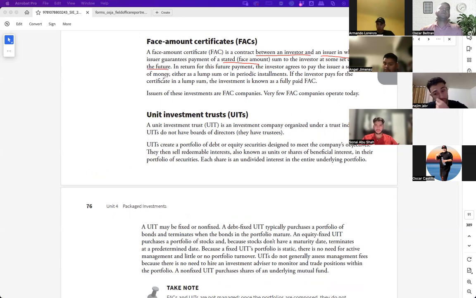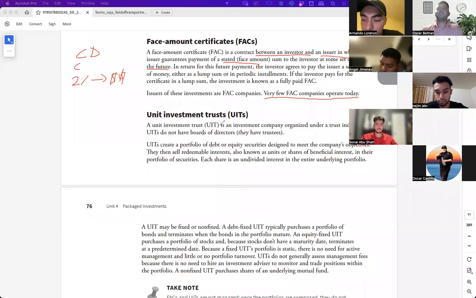When I first read it, I'm like, you know what, this kind of sounds like a CD, certificate of deposit. They're going to give you some interest rate, 2%, and at the end, they're going to give you some amount of money. That's the way that I first read it when I was reading the book. And once again, very few companies operate today with this.